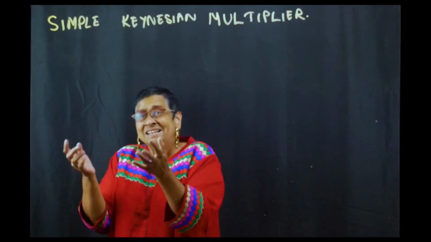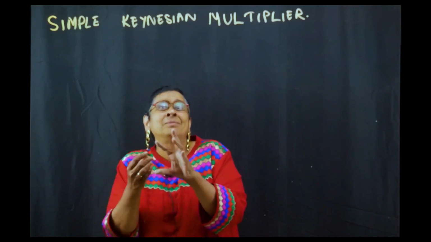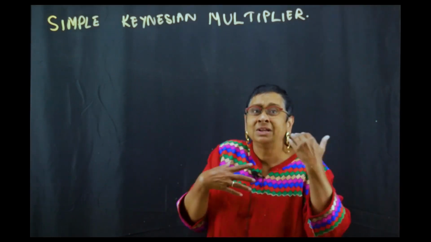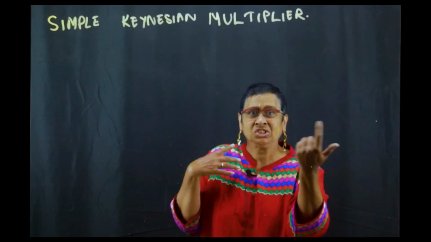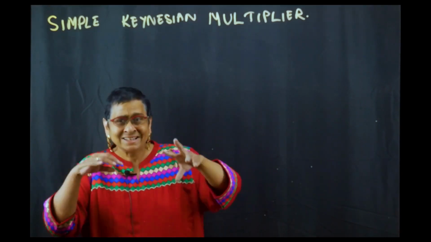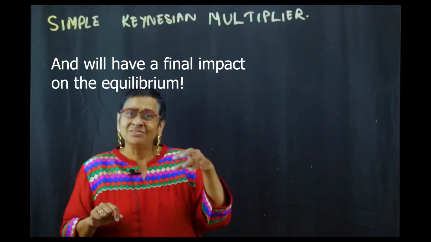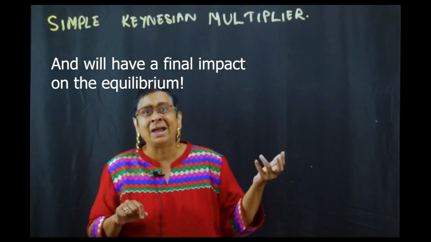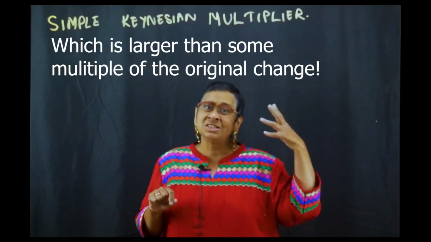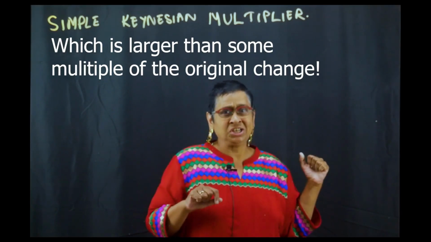They in turn will take a portion of that and spend some of it, which will become a fourth party's income, and so on. This repeated circular flow means that initial changes will ripple through the system and will have a final impact on the equilibrium, which is larger than some multiple of the original change.